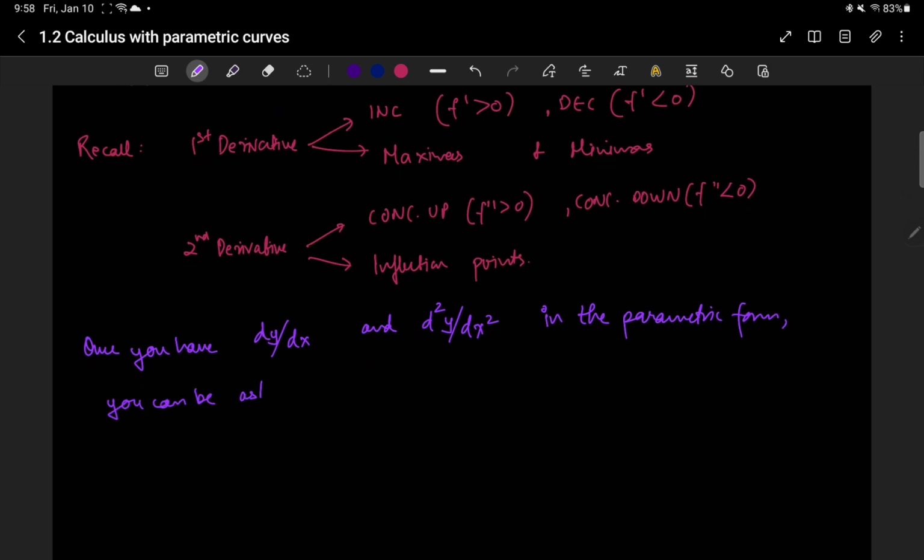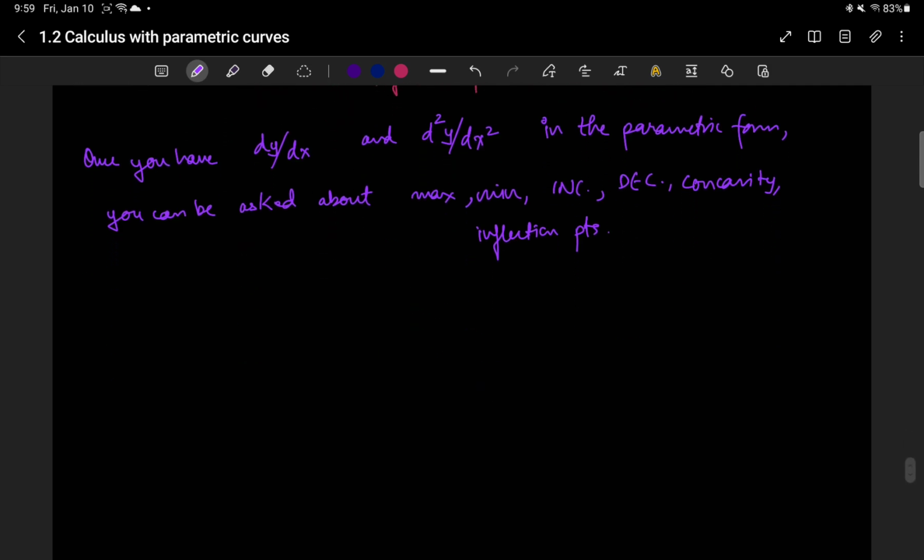You can be asked about maximas, minimas, increasing, decreasing, concavity, and inflection points. So that part of the problem does not change in the sense that you're still asking the same question.